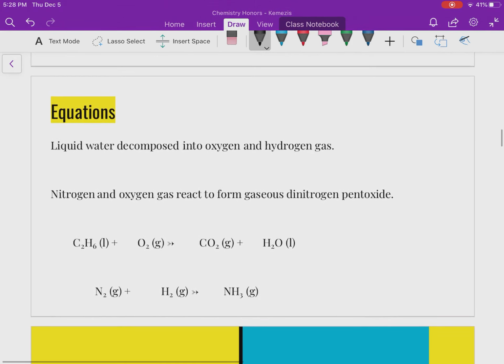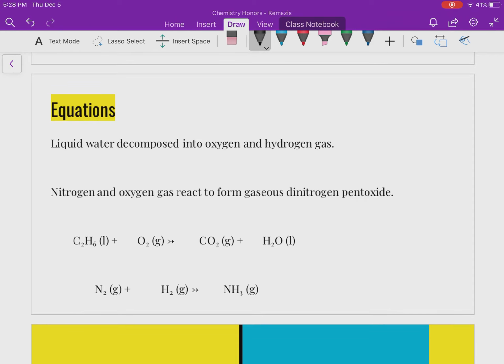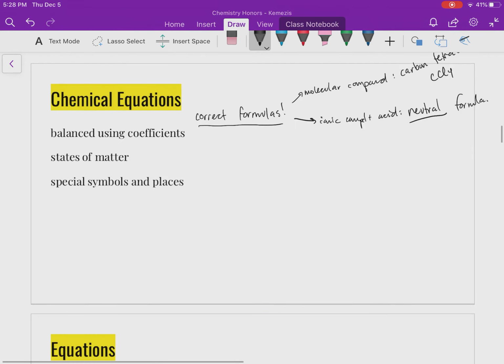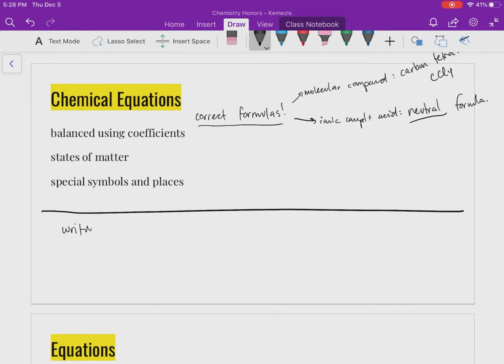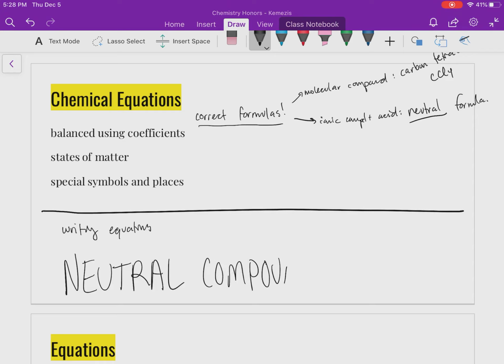Yeah, I'm going to write it now just so that we have it. Okay. When we are writing equations, you know what, this needs to be a little bit bigger.